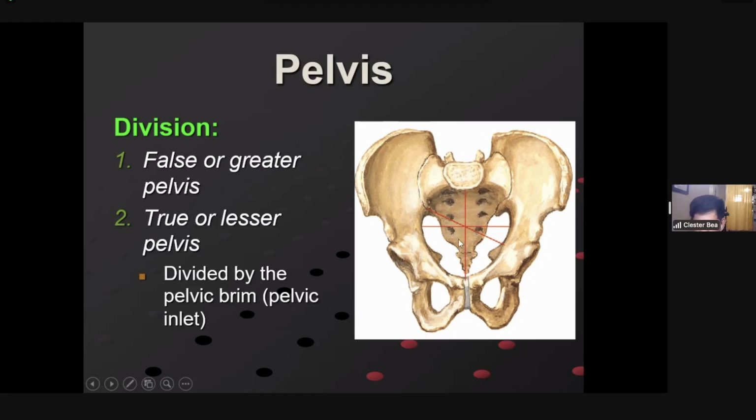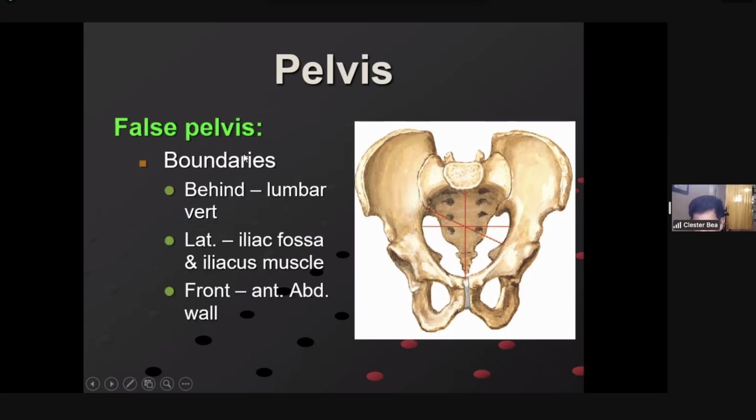Now, what are the borders or boundaries of the false pelvis? Laterally you have the ilium and the iliac fossa, where your muscle, the iliacus muscle, is attached. Posteriorly, you have the lumbar vertebra, where you have your L5.